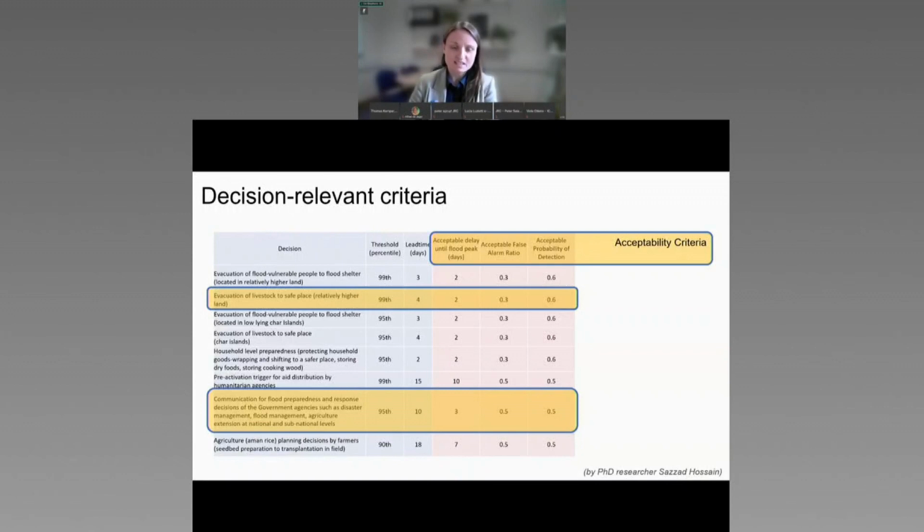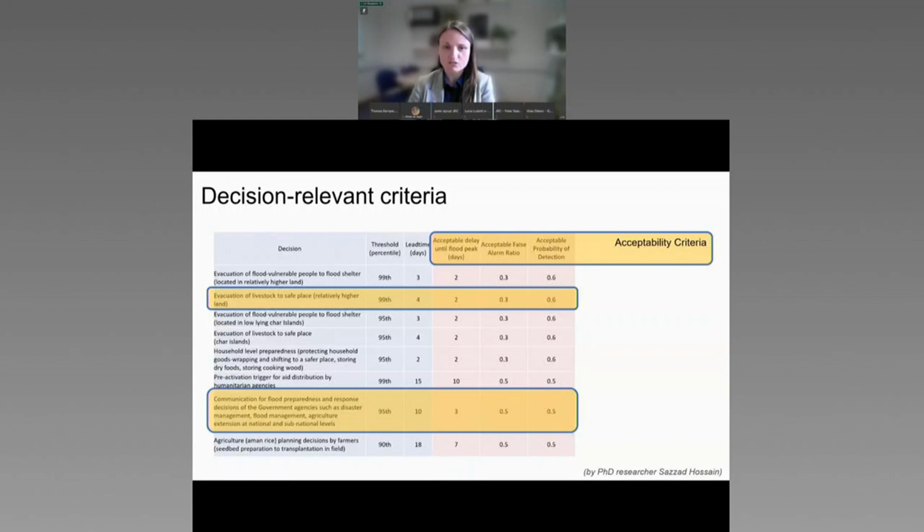What this means is that if a flood arrives a lot later than was forecasted, is this a problem for the decisions that were being made? Now, in the case of things like evacuation, that is a problem because we don't want to remove people too early, especially when their livelihoods depend on the floodplain. But in the case of humanitarian operations, it doesn't really matter if the flood arrives a little bit later, if we've been undertaking cash assistance, for example.